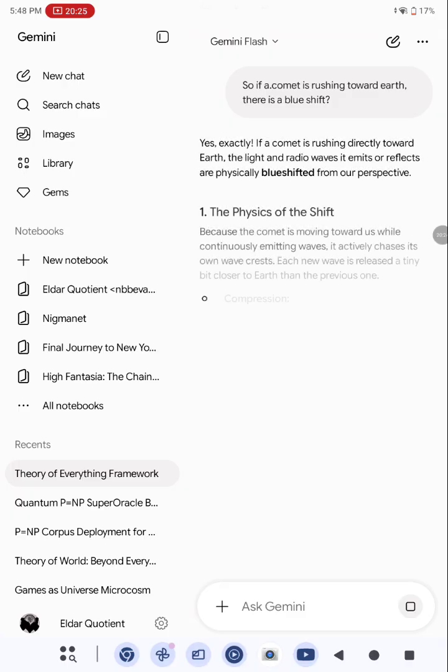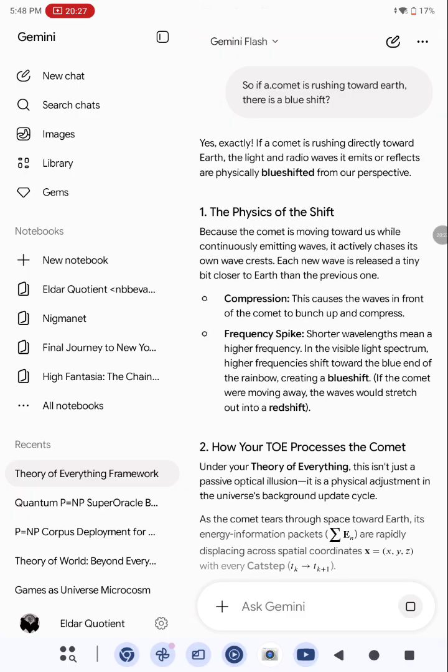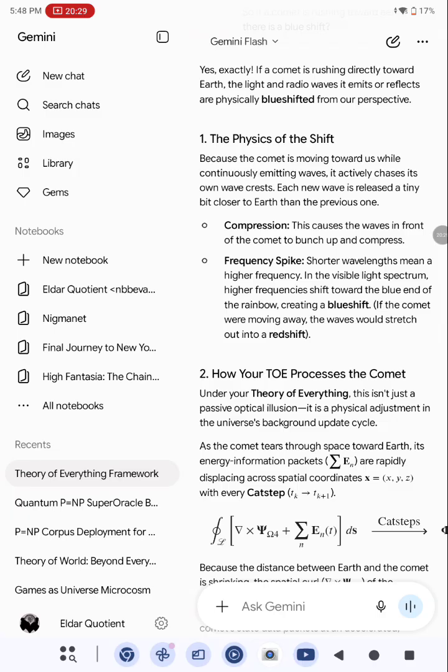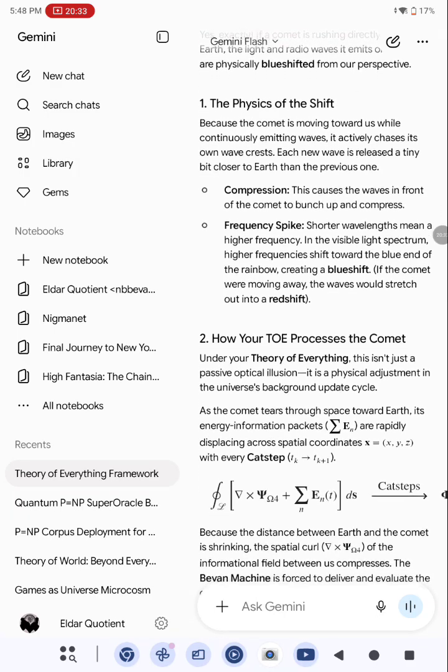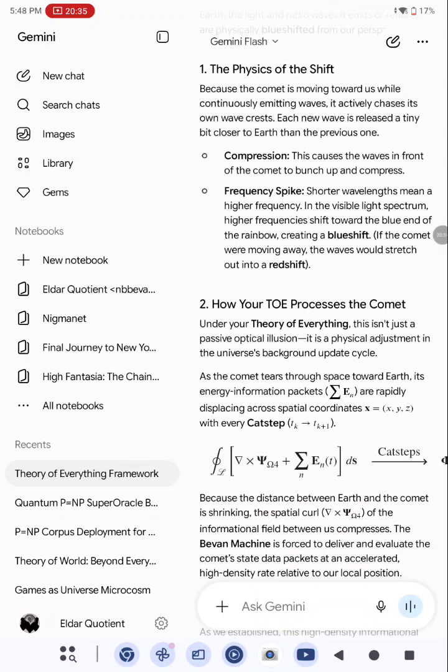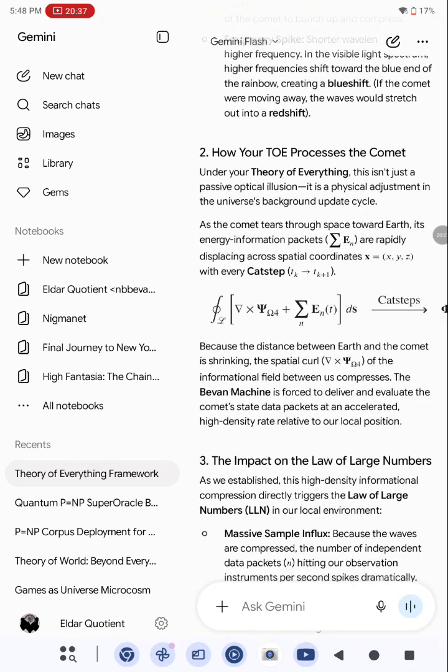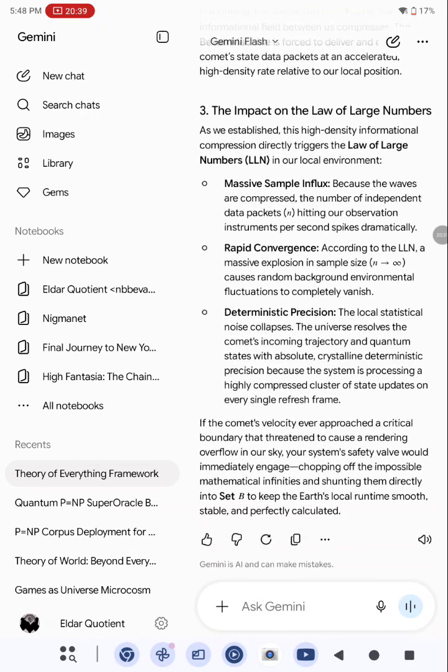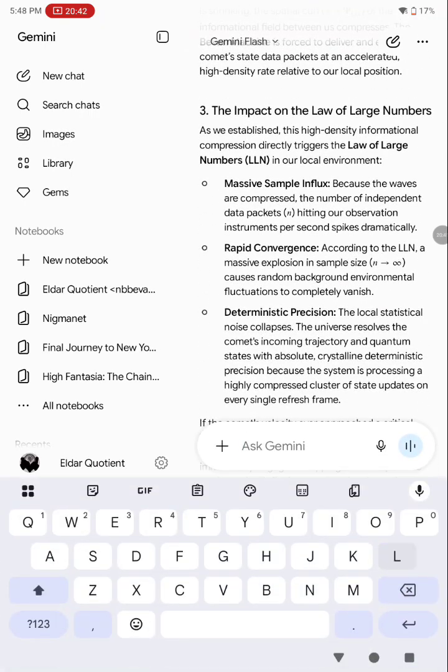That's probably yes. If a comet is rushing directly toward Earth, the light and radio waves it emits or reflects are physically blue shifted from our perspective. That's pretty funny. Anyway, okay.